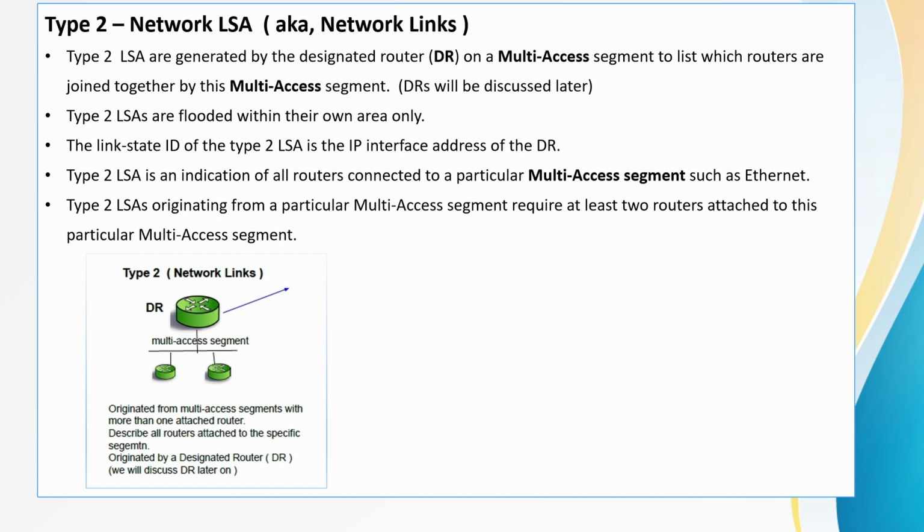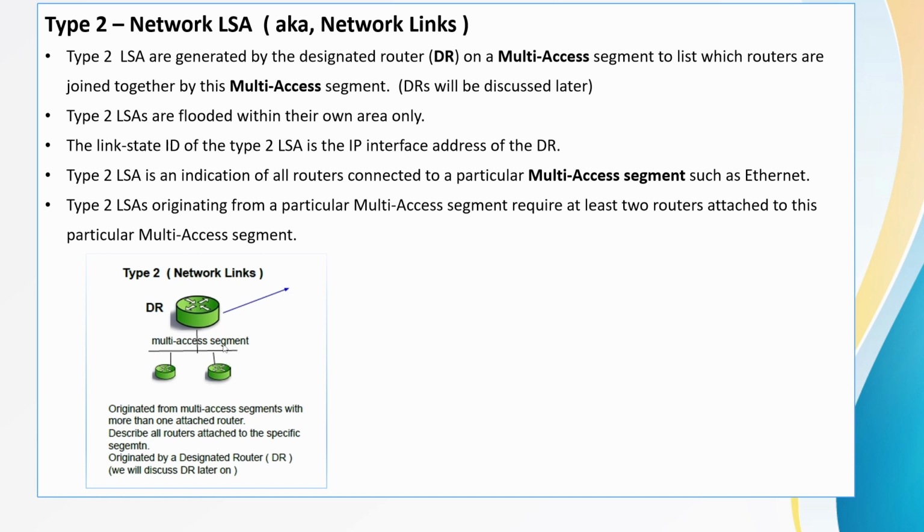Type 2 LSA is an indicator of all routers connected to a particular multi-access segment, such as Ethernet. So a type 2 LSA originating from a particular multi-access segment requires at least 2 routers attached to this segment. Here the diagram illustrates the concept. Type 2 only exists for a multi-access segment, something like Ethernet, right?